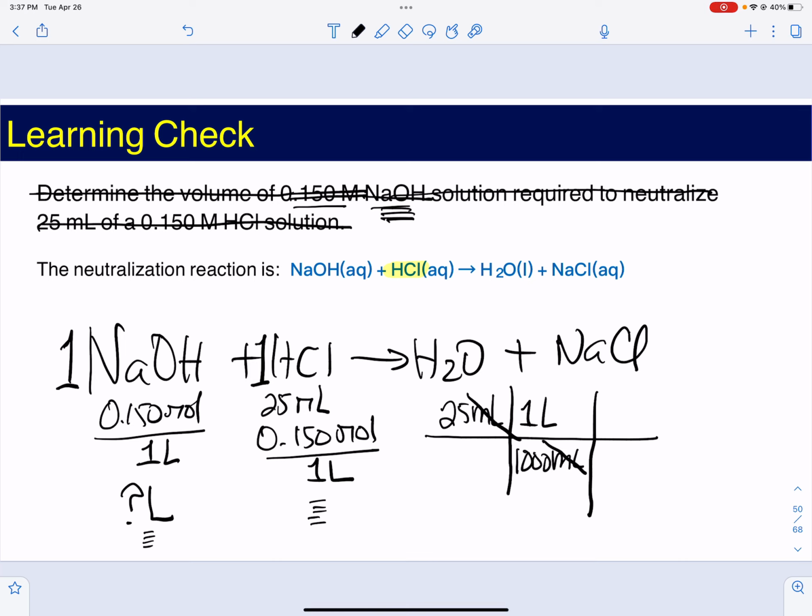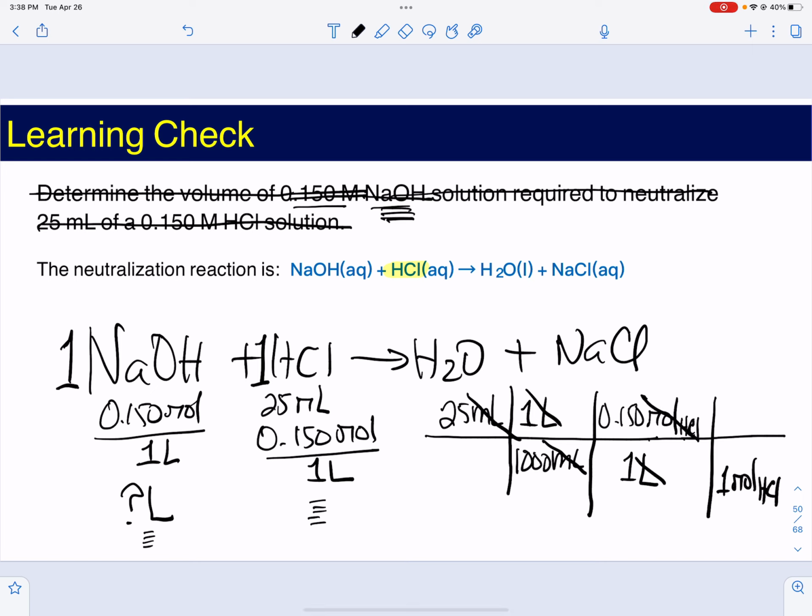Now I have the liters, and I'm going to use the molarity, which is 0.150 moles for every 1 liter. These are the moles of HCl. And there is 1 mole of HCl, so to cancel the HCl I put it at the bottom, 1 to 1 to the moles of NaOH.